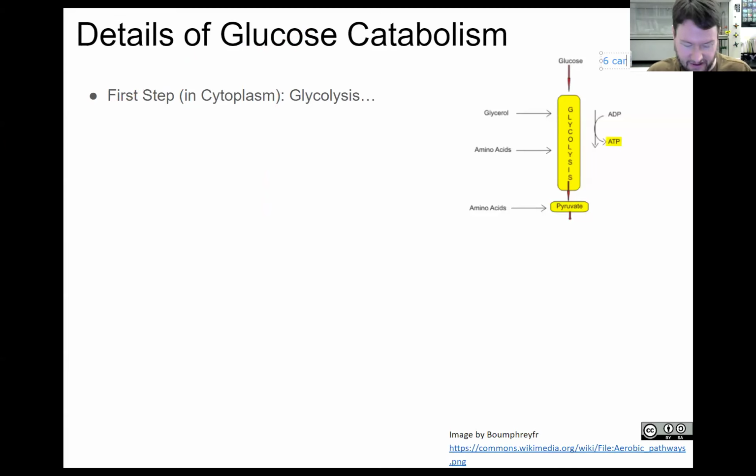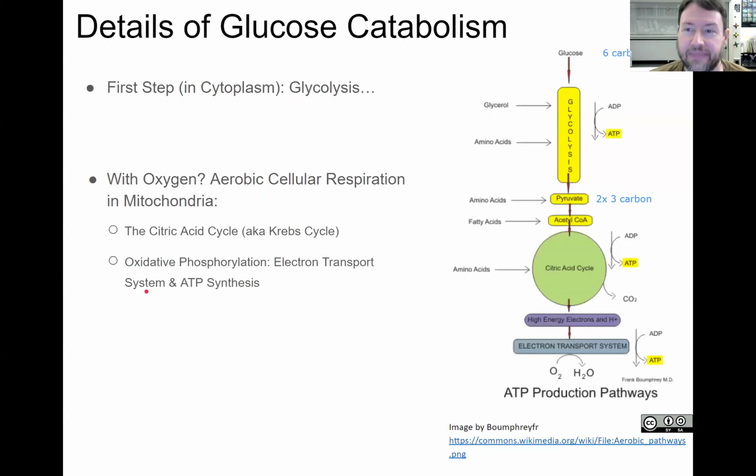So that was 6 carbons. And down here we have 2 3-carbon molecules. Okay. Can I advance the slide this way? No, I can't. I guess that's what I need to do.